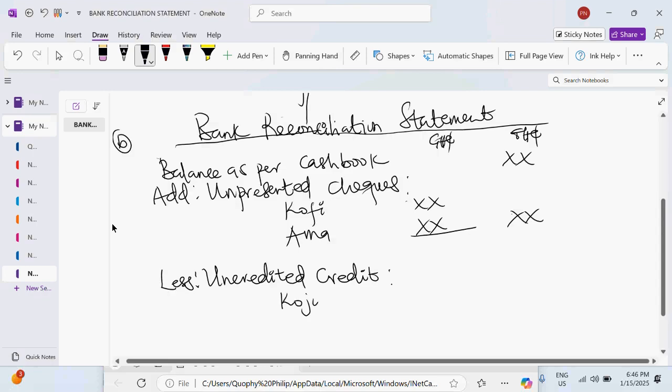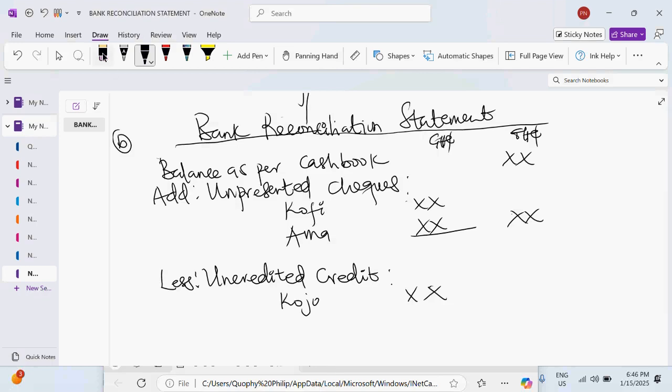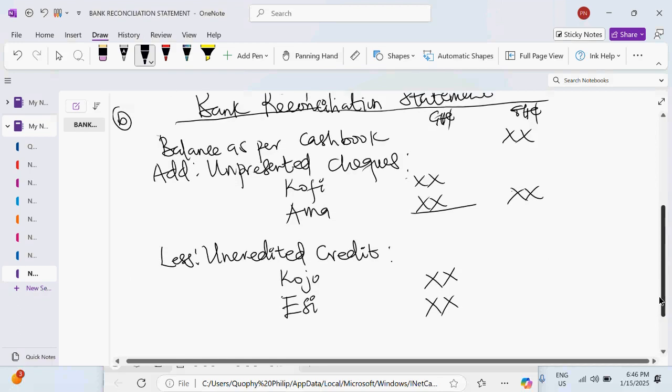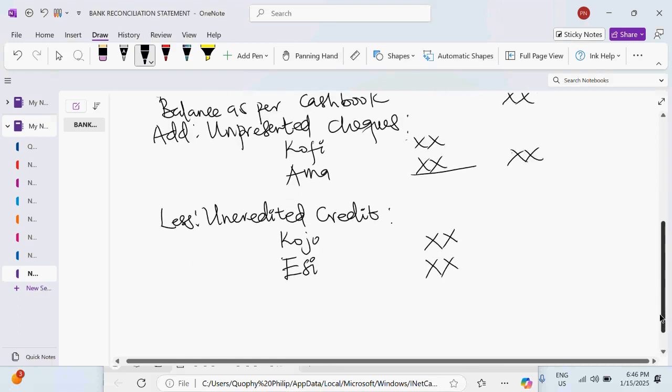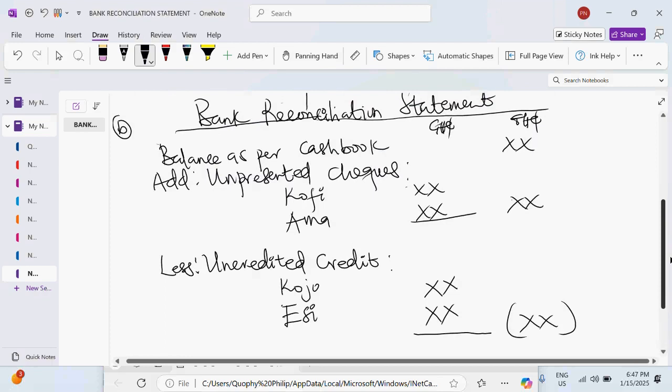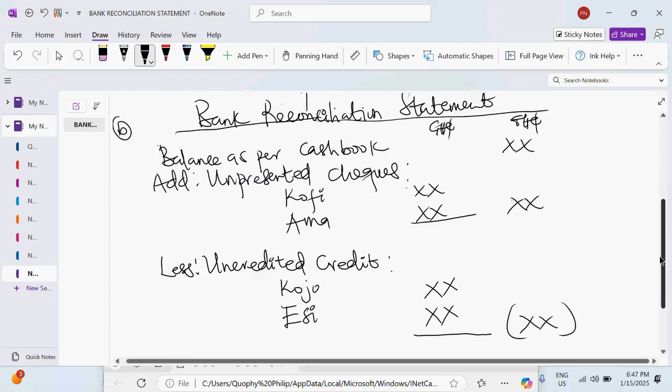I have an uncredited check for Kujo, and then uncredited checks for EC. The total will give us the total of uncredited checks, but we are to less it.